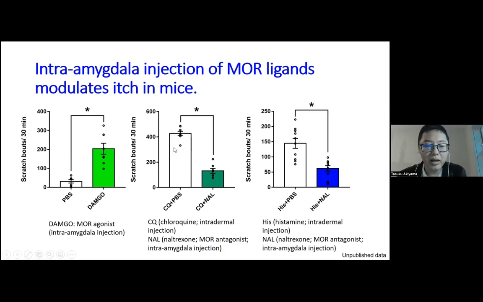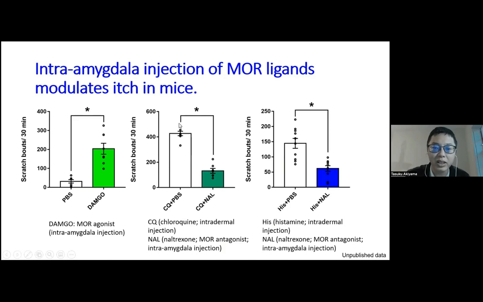And then in the middle, we test whether inhibiting the MOR can reduce the scratching behavior. Then we inject the naltrexone. This is the MOR antagonist. Yes, it has some affinity to the other receptor too, but we directly inject the naltrexone into the amygdala, and then we inject the chloroquine, one of the itch-inducing chemicals.